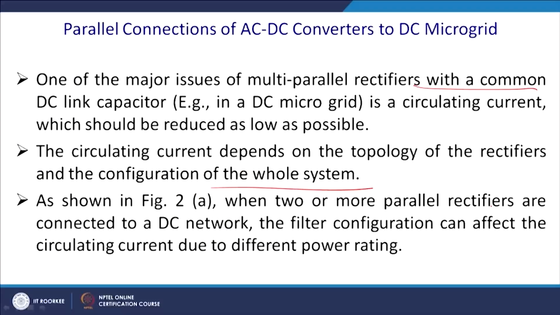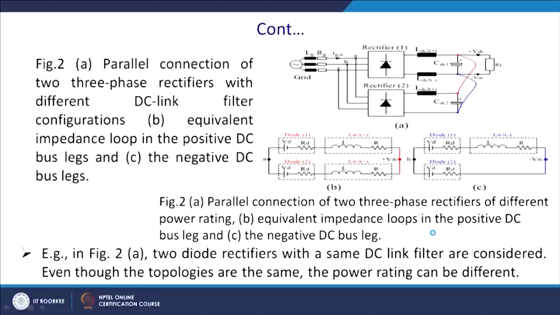Circulating current depends on the topology of the rectifier and the configuration of the overall system, which I will show you in the next figure. As shown in figure 2a, with the next slide, two or more parallel rectifiers are connected to the DC network. The filter configuration can affect the circulating current due to the different ratings. So, this is something we require to understand here. See that this is one converter, and you can have one rectifier and another rectifier in parallel, and you may have a loading here.